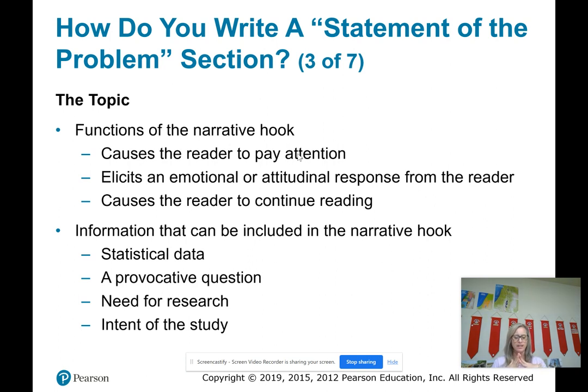So a convincing narrative hook will have one or more of the following: statistical data, a thought-provoking question, a clear need for research, or the intent or purpose of the study. So the key idea to take away is that the study begins with an introduction to a topic that can be easily understood, with a beginning sentence that creates interest.